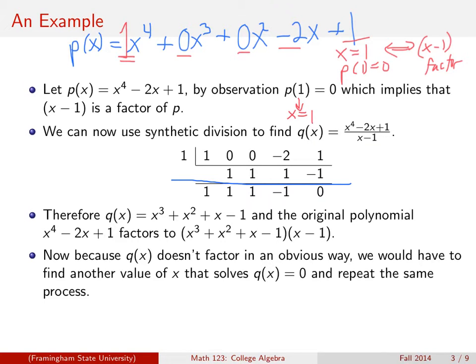So now what we're going to do is we're going to take our polynomial and divide it by the factor that's given here. This is represented by this, meaning x to the 4th minus 2x plus 1 is 1x to the 4th, 0x cubed, 0x squared, minus 2x plus 1.